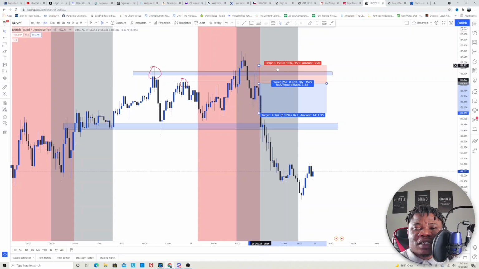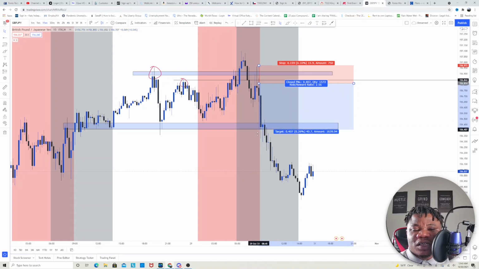So we're looking at 15 pips in this case, and I'll just have my take profit target. I'll target the previous low of the New York session and the Asian session. I'll just target that zone right there.